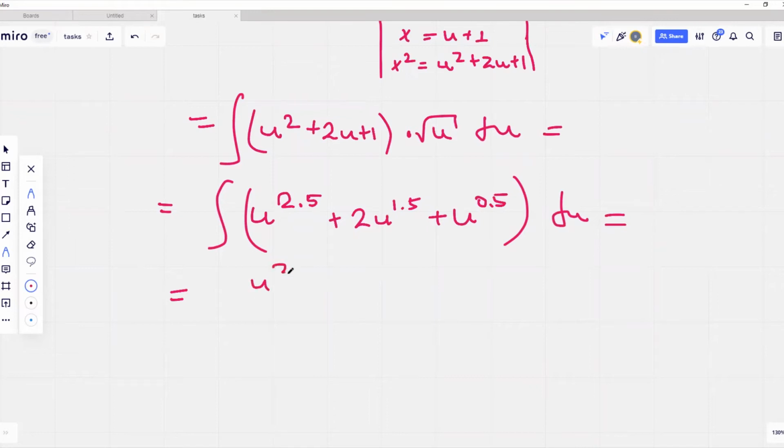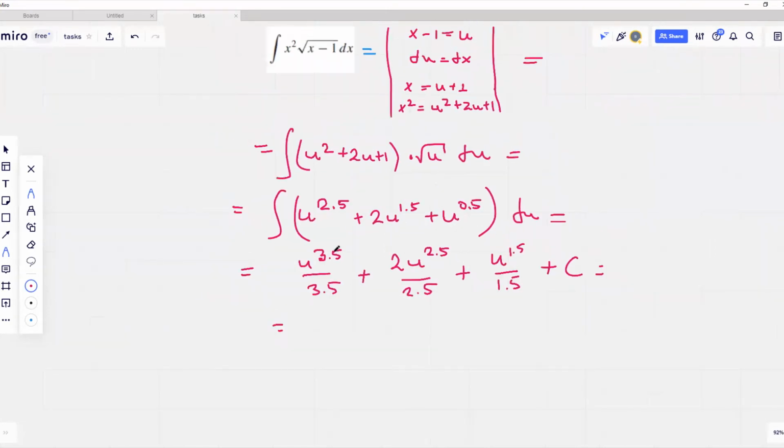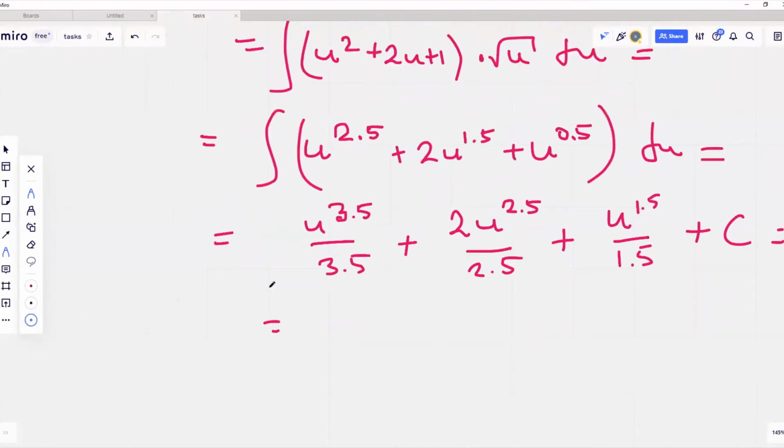So we'll have u to the power of 3.5 divided by 3.5 plus 2u to the power of 2.5 divided by 2.5 plus u to the power of 1.5 divided by 1.5 and plus a constant of integration. Now we are going to substitute x minus 1 back instead of u, and substituting x minus 1 instead of u, we get our final integral as a function of x.